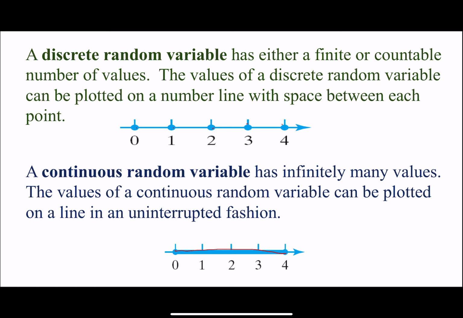A continuous random variable would be like how far you've traveled in your car. You can't get to 5 miles if you didn't do 4 1/3 miles. So all of the values in between 0 and 5, an infinite number of values, have been reached. That would be a solid line on the graph, whereas for a discrete variable you would not connect them with a line, because 1 and 2 are two different answers, but 1.5 is not a possibility.